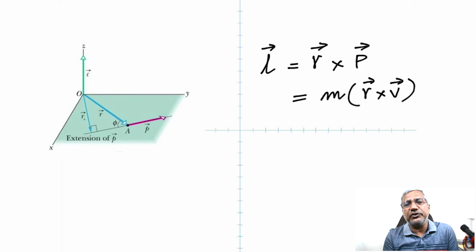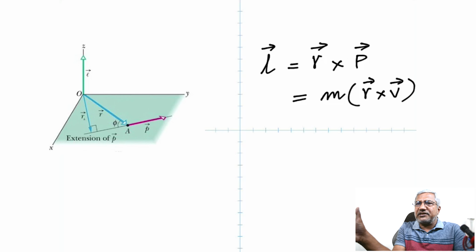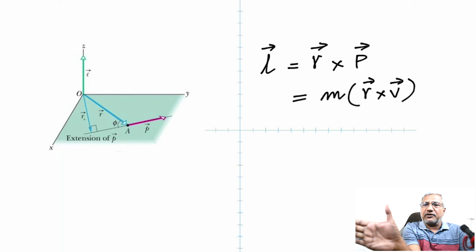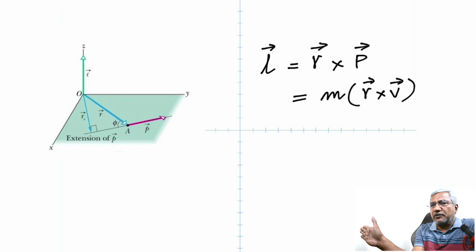That's why we use the right-hand rule in all these cases to find the direction of, in this case, angular momentum. And according to the right-hand rule, if you stretch your right hand, let's see if you can see it, with R shown by the fingers, and your palm showing the direction of P, then the thumb gives the direction of angular momentum.